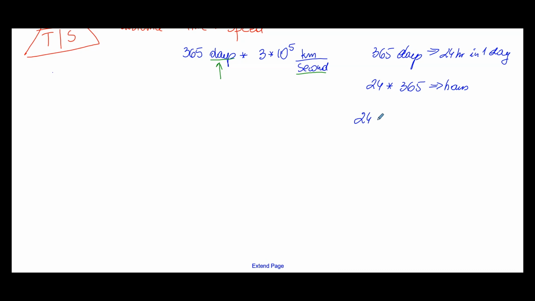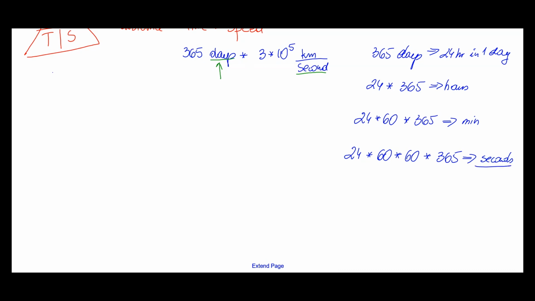So if I multiply 24 hours by 60 minutes by 365 days, I'm going to get the number of minutes in a year. But we need seconds. So again, every minute has 60 seconds. So if I multiply 24 hours by 60 minutes and each minute by 60 seconds, and this by the number of days, 365, that's how we get the number of seconds in a year, which will be loads of seconds.